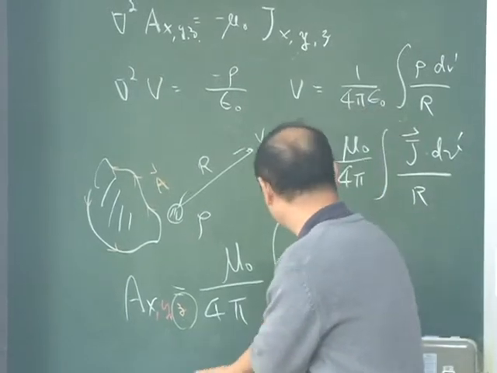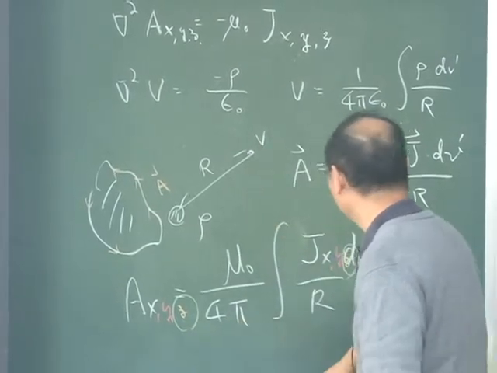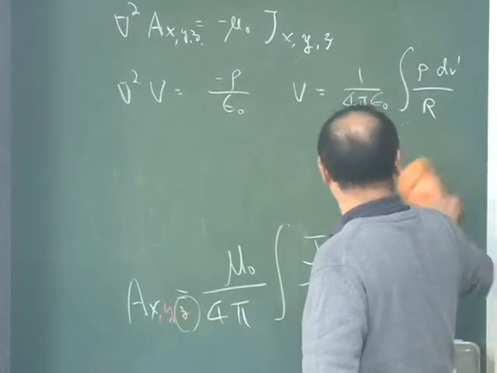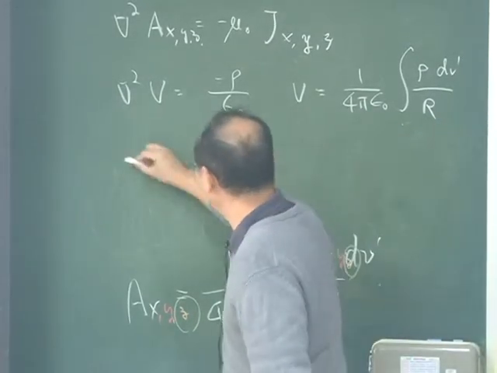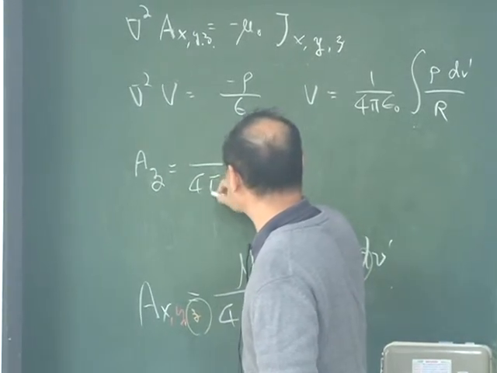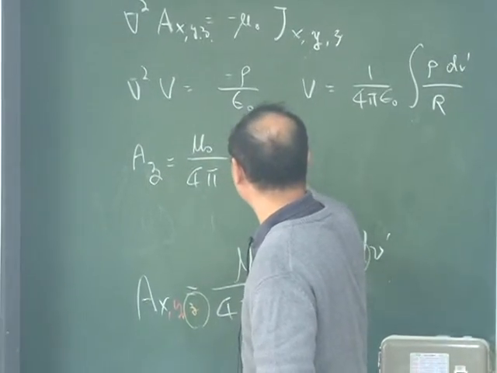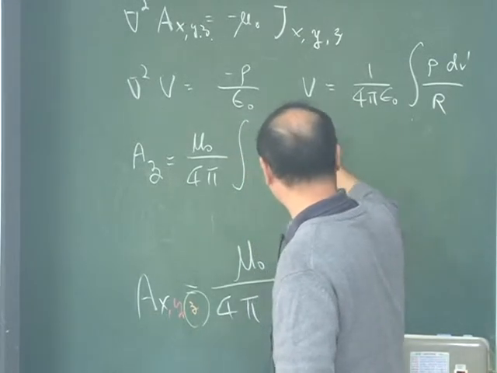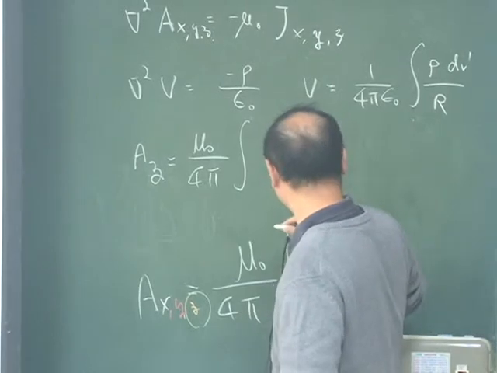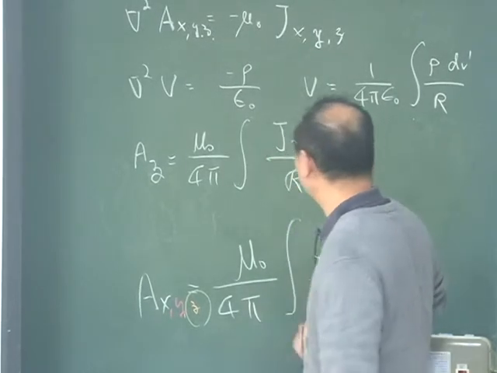So what you need to do is a simple integration: Az equals mu naught over 4 pi, times the integral of J along the z direction over the source, divided by R.